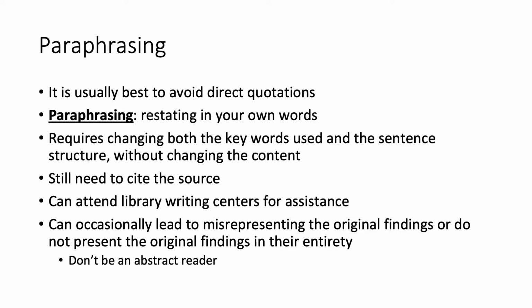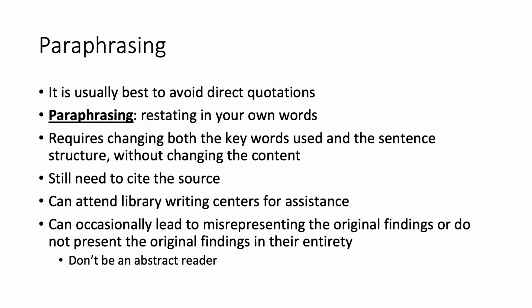As we discussed earlier, it is usually best to avoid direct quotations when writing, but there are specific times that you may utilize direct quotations. Again, we want to avoid that if possible. To avoid plagiarism, what is very important is to paraphrase. This is restating the author's original work in your own words.